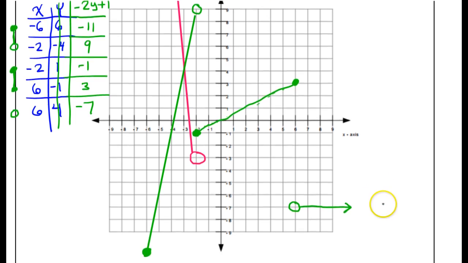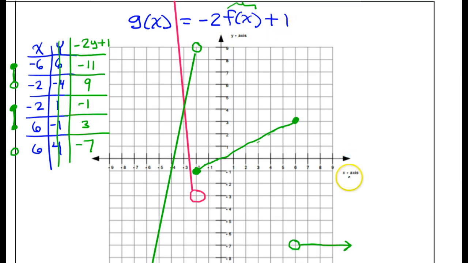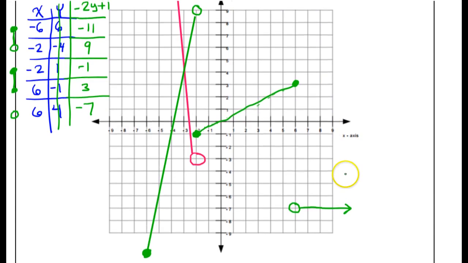Okay, so this is what the piecewise function would look like. Again, ignore the red, just the green. Under the three transformations, really: reflection over the x-axis, vertical stretch by a factor of 2, and vertical shift up 1. Kabam!